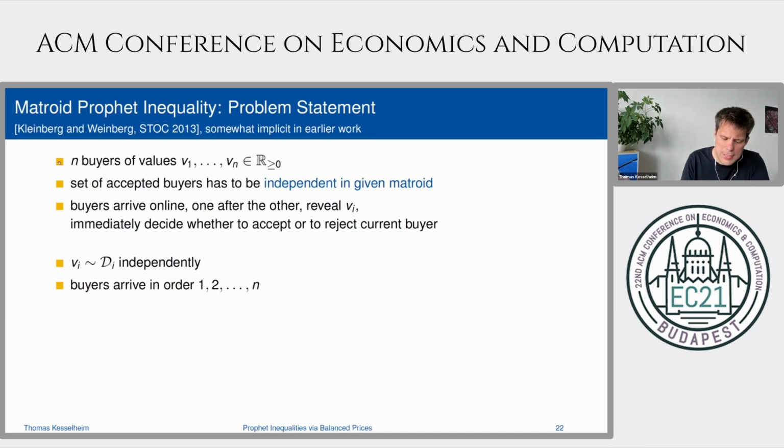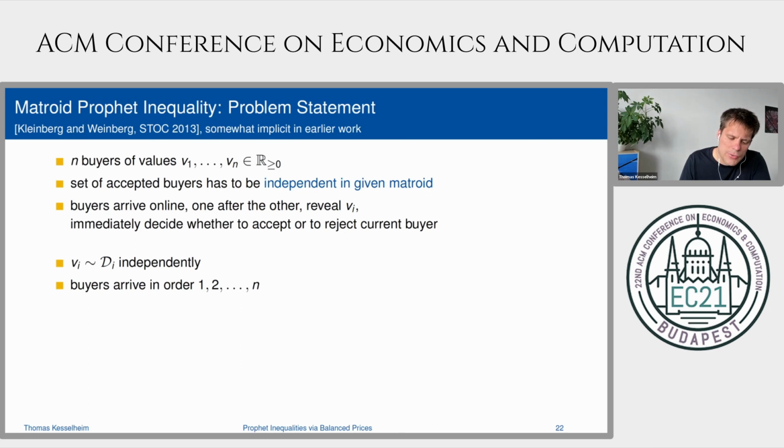So how would this work? This is very easy. You have n buyers with values v1 through vn, which are just non-negative real numbers. And now the set of accepted buyers has to be independent in a given matroid, for example a laminar matroid, as I was alluding to.